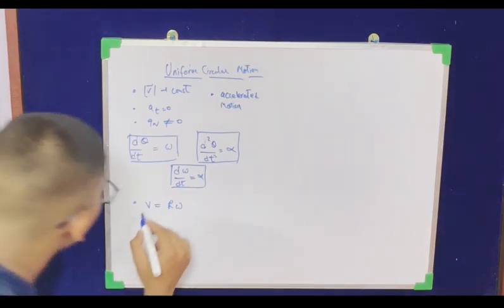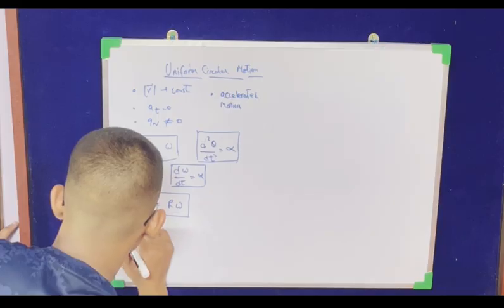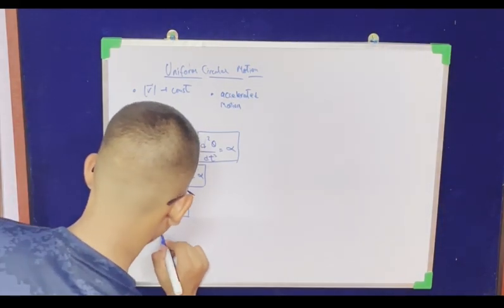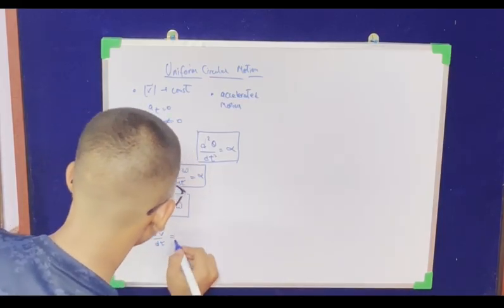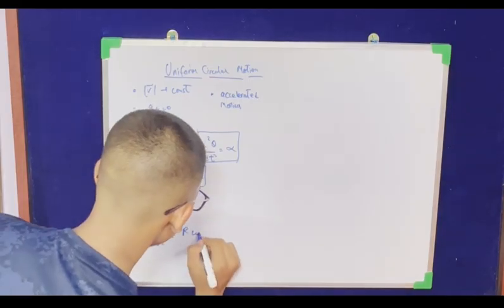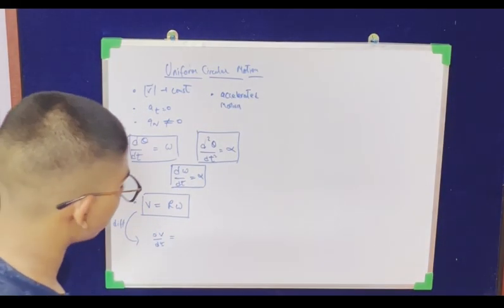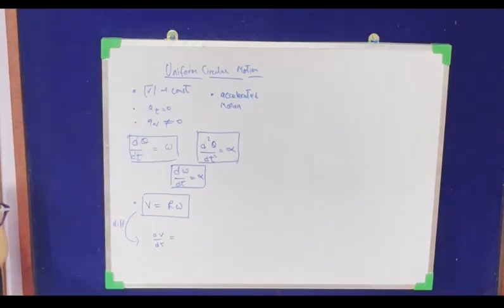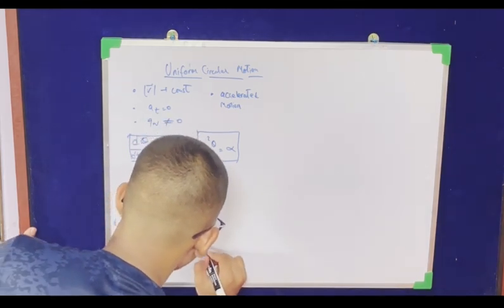Now let us differentiate it. What will we get? dv by dt is equal to r into the differentiation of omega. Here r is a constant, so it goes out, and we differentiate d omega by dt.